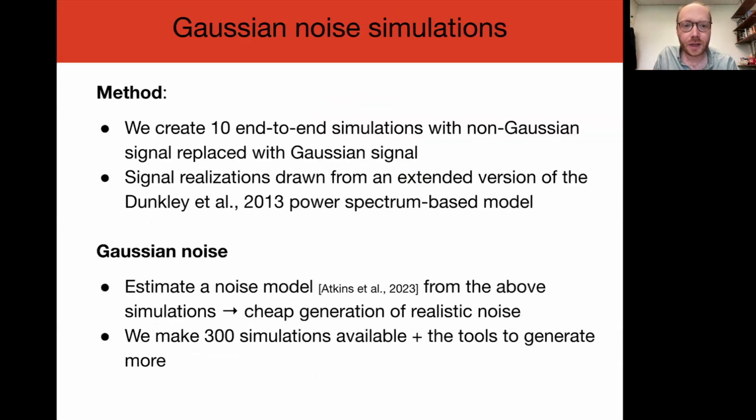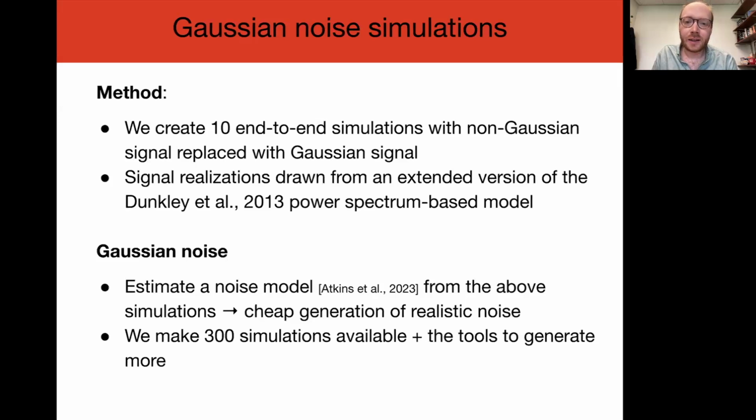The second type of simulations are the noise simulations. So to create these, we take this pipeline for end-to-end simulations, where we've replaced these non-Gaussian signal simulations that I just talked about with Gaussian signal simulations.